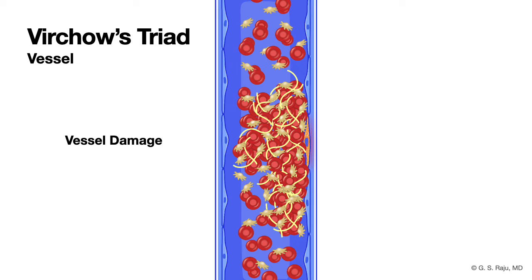So, what all can cause vessel damage inside the abdomen? It could be due to inflammation of any of the organs inside the abdomen. If the colon is inflamed, either because of colitis, ulcerative colitis, or Crohn's, it can result in inflammation of the blood vessels as well and can result in thrombosis of the vessels. You could have pancreas inflammation, again, splenic vein thrombosis.